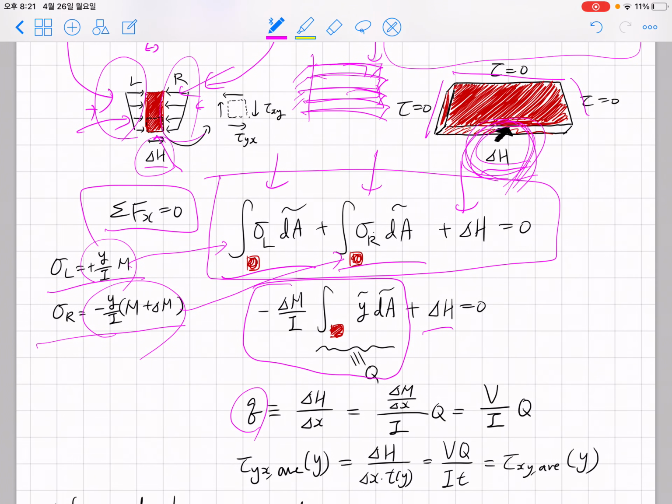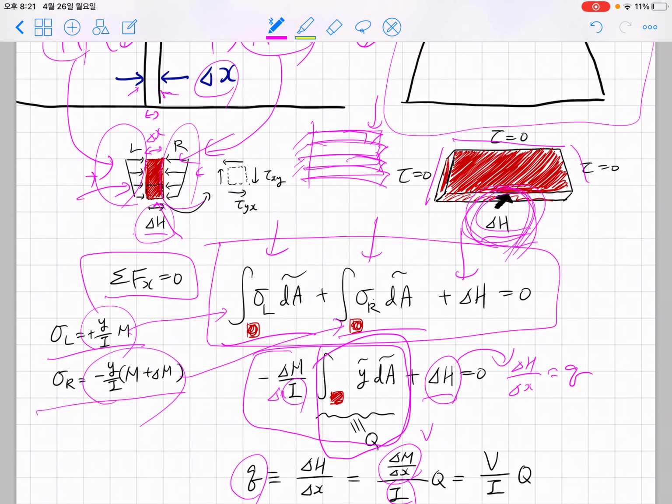If we define q as delta H divided by this thickness delta x, which is the force per unit length, then by moving this to the right-hand side, we can write delta H over delta x, recognizing that this is V from our previous chapter, recognizing this is the area moment of inertia for the cross section, and recognizing this as the integral that we are going to perform over this area.